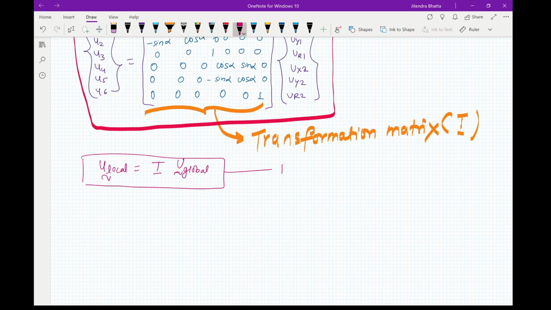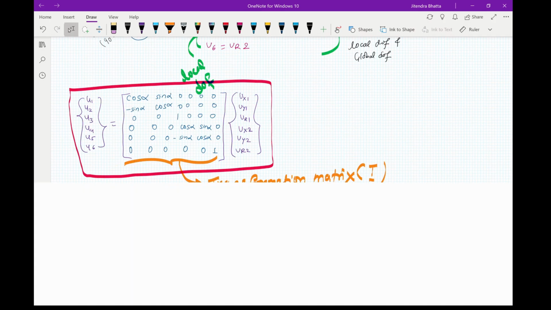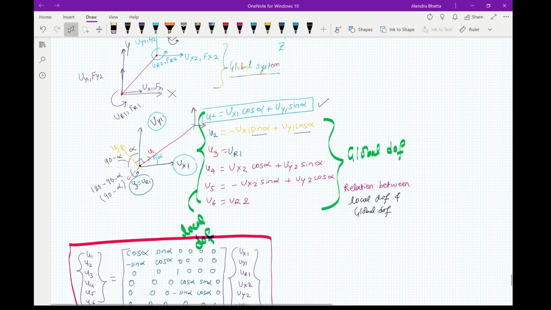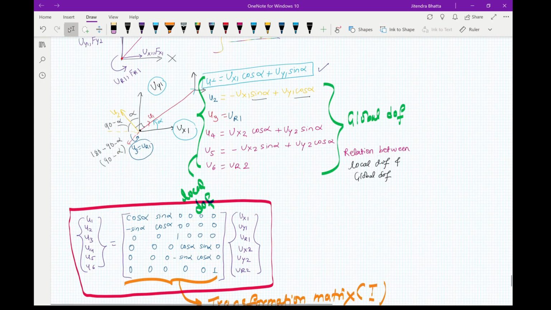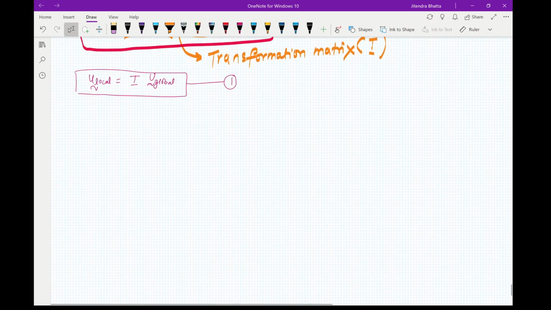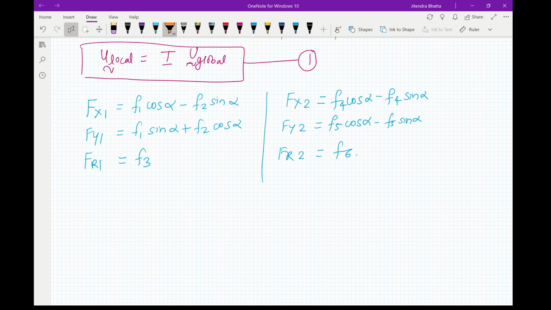Similarly, when you look at the forces, what we do here is we write the global forces in terms of local forces. Now if you do a similar procedure like above, you can see here that the left hand side will have global forces, and on the right hand side we have the local forces.